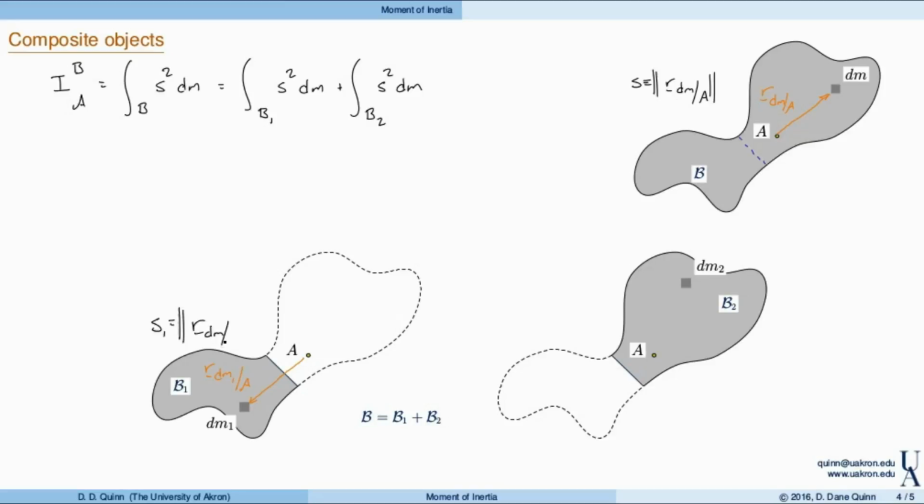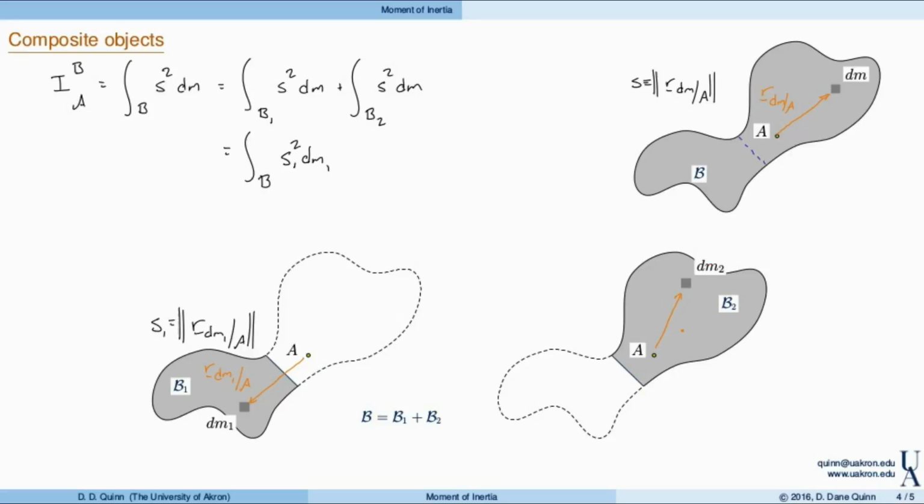So that's the magnitude of the position of this mass element with respect to A. And so with this viewpoint, the distance between A and this mass element is simply the integral of s1 squared dm1.